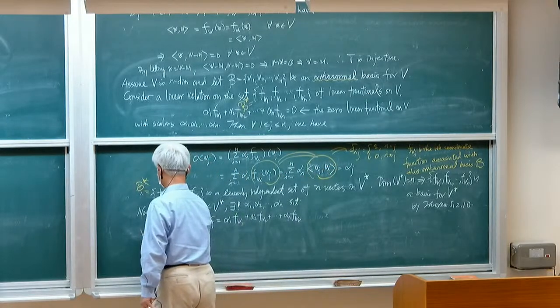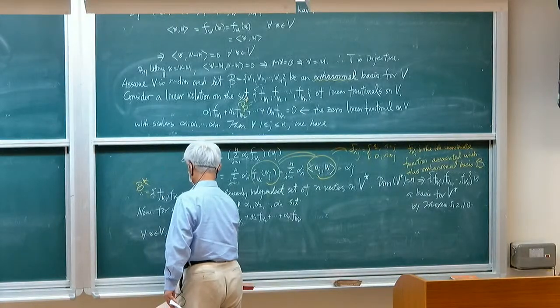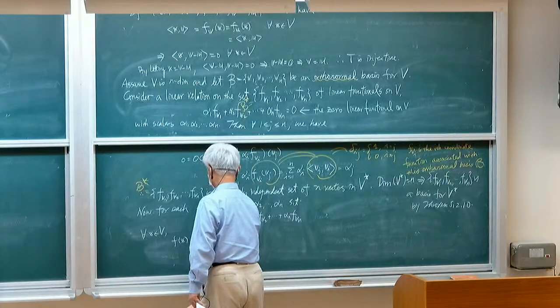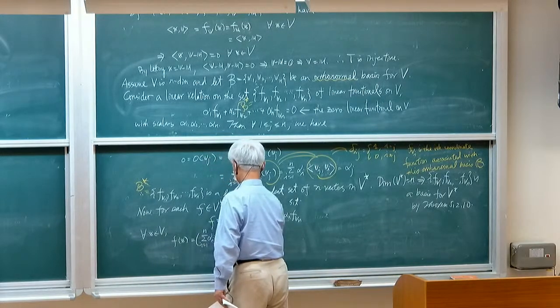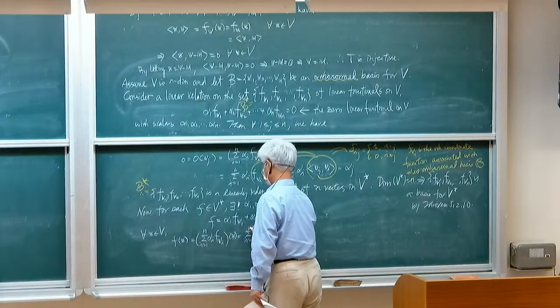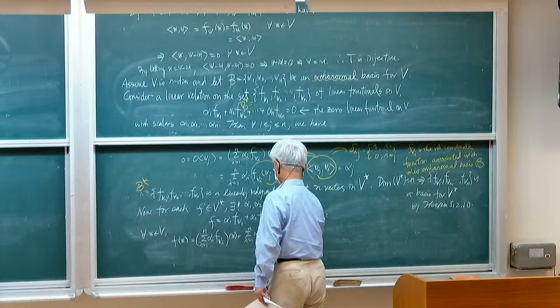Now for all x in V, we look at the value, the summation of alpha_i f_{v_i} at x.